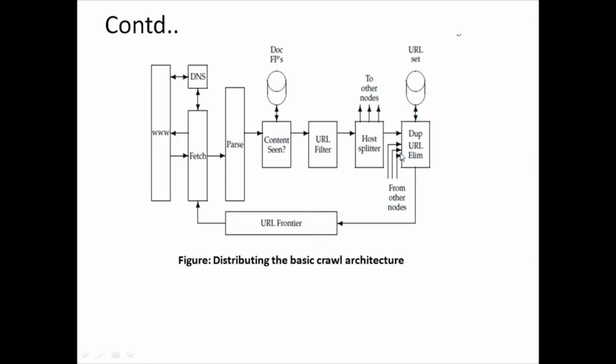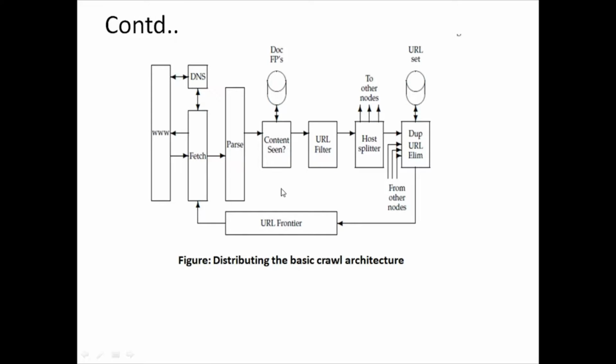So it is going to check whether this duplicate is available in any of these nodes. If it is available in any of these nodes, it will not be added to the URL frontier, and it will be eliminated.